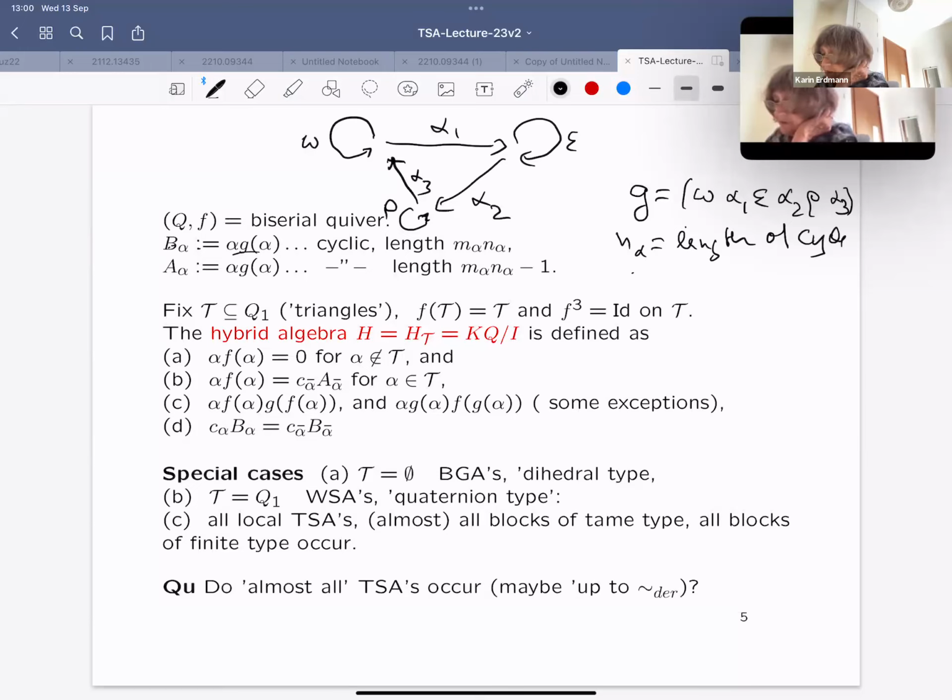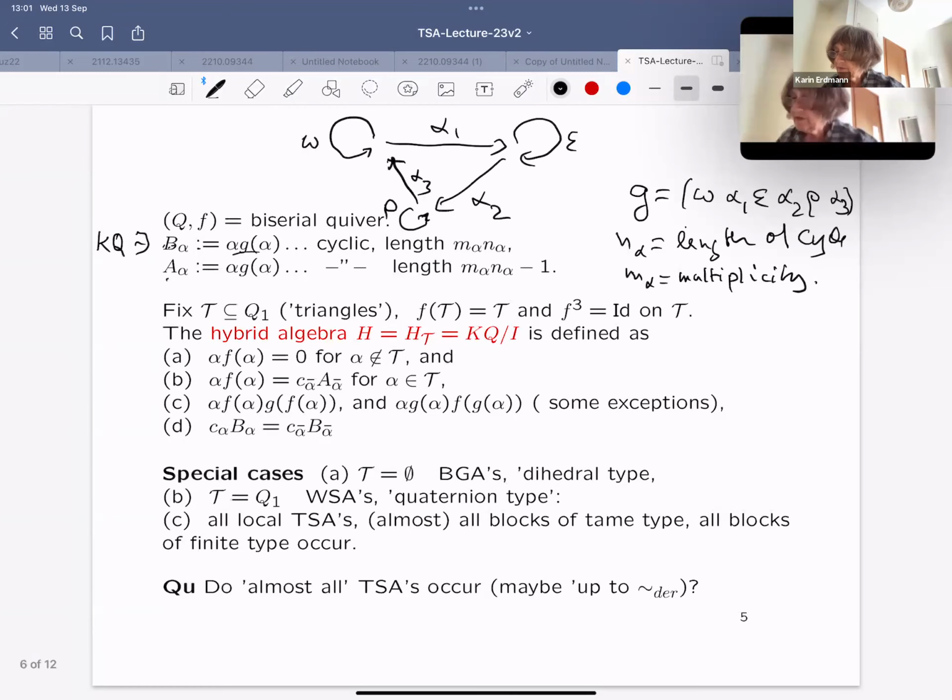So we take a cyclic path which walks around this G cycle. And when it comes back to its origin, it has a multiplicity, and the multiplicity must be constant on cycles. So we take this element in the path algebra, this is in KQ. And then we take another path which has not quite the same length, but one less.